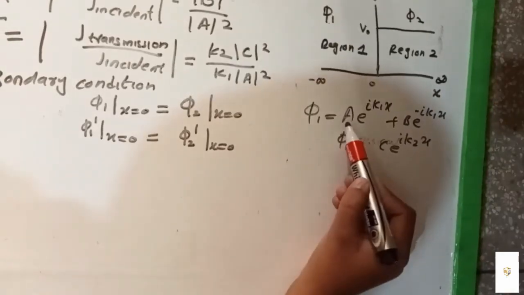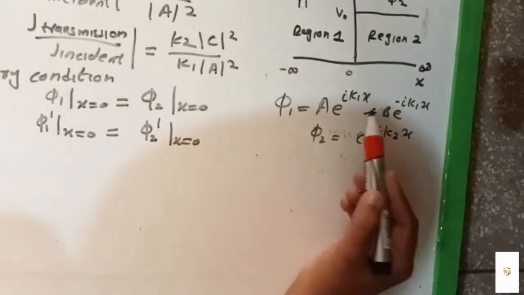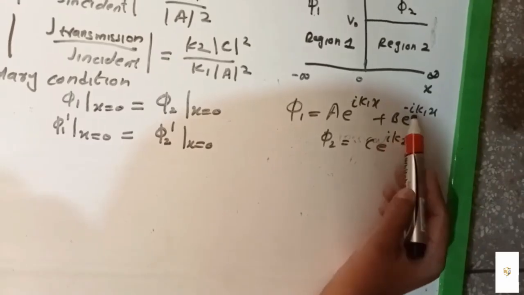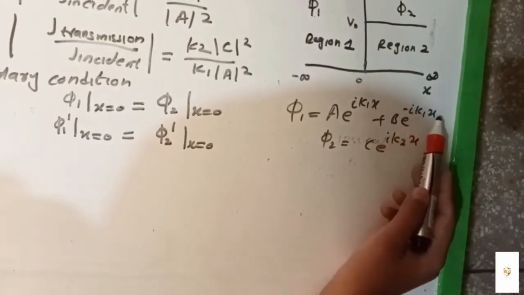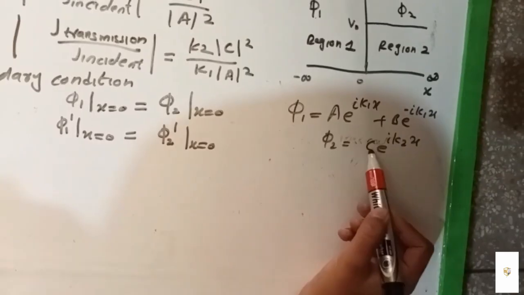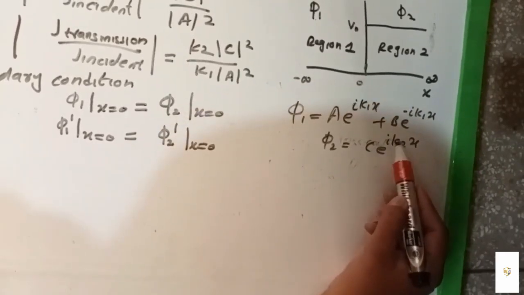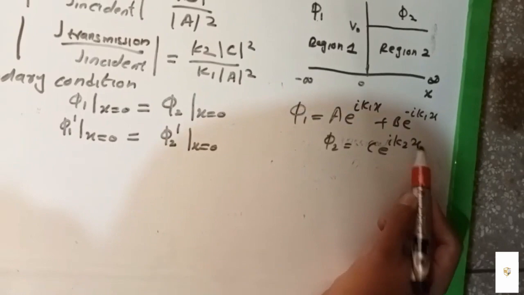phi1 is equal to a exponent iota k1x plus b exponent minus iota k1x, and phi2 is equal to c exponent iota k2x.